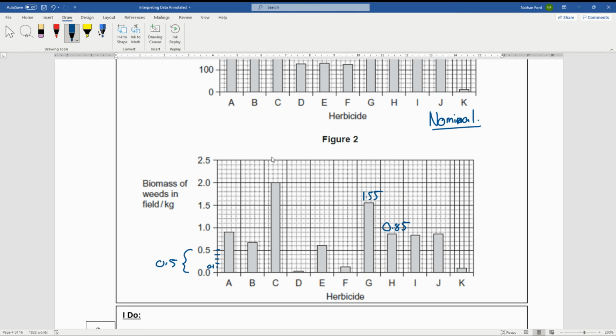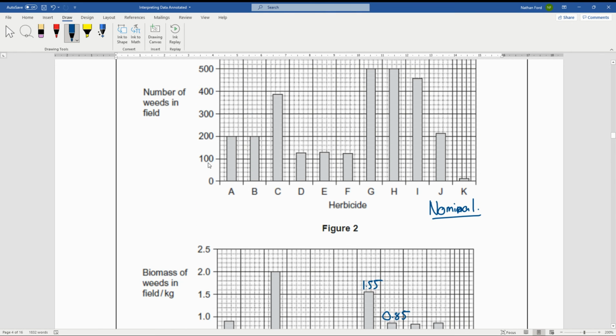You do the same up the top. We have from 100 to 200 here. It doesn't matter which one you pick. It is easy to pick the bottom one, but it means there's a difference of 100. We have 5 boxes, so I need to do 100 divided by 5 to find out how much each box goes up. 100 divided by 5 is going to be 20.